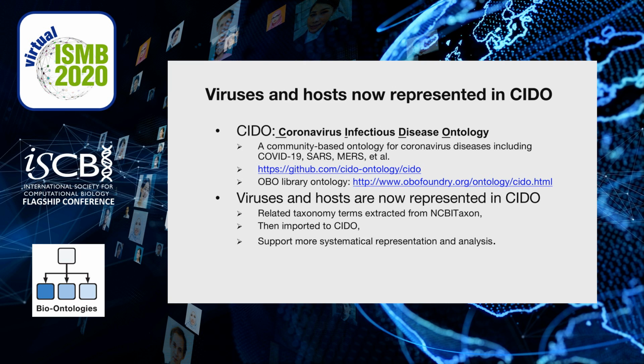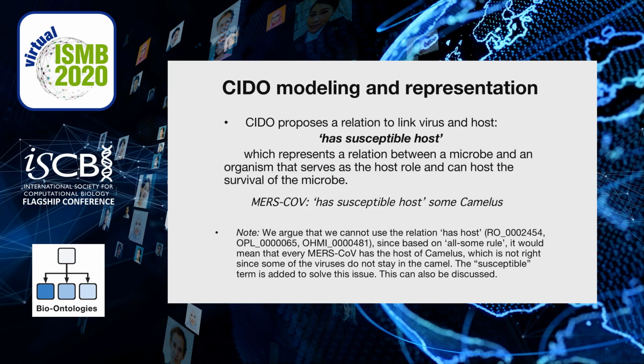We use CIDO. It means coronavirus infectious disease ontology. It's a community-based ontology for coronavirus disease, including COVID-19, SARS, MERS, etc. We use related taxonomy terms extracted from NCBI taxon, then imported to CIDO to support more systematic representation and analysis.